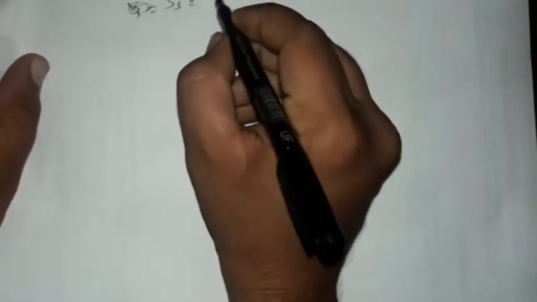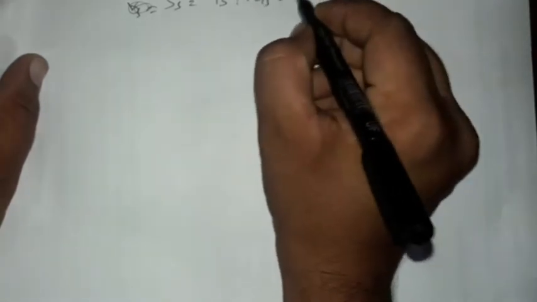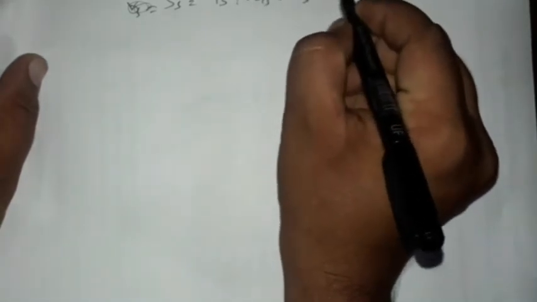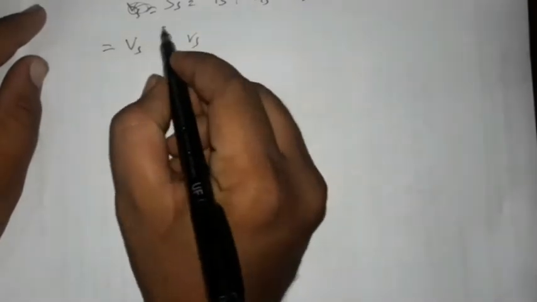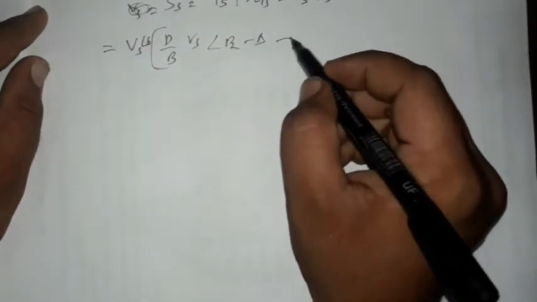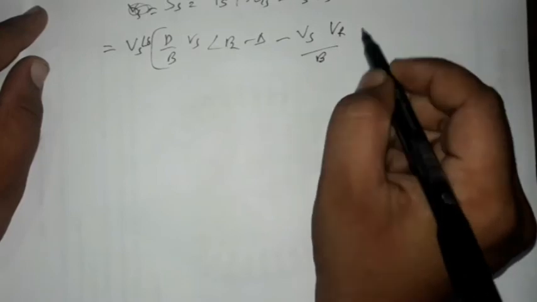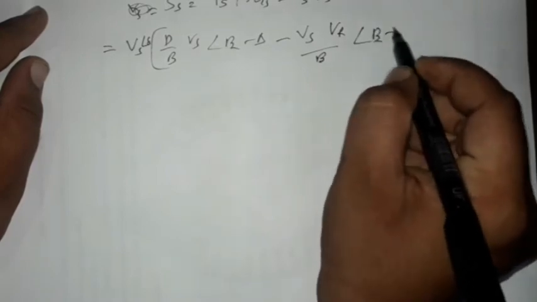Ss, which is equal to PS plus JQS, is equal to Vs into Is conjugate. So now we put the value of Is, which is (D/B)·Vs, angle beta minus delta, minus Vs into VR by B, angle beta plus delta.